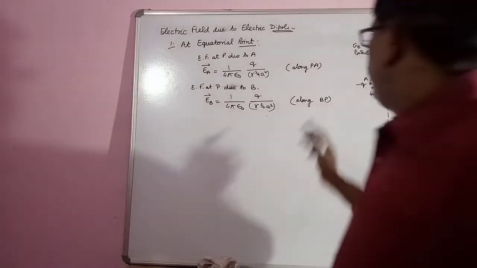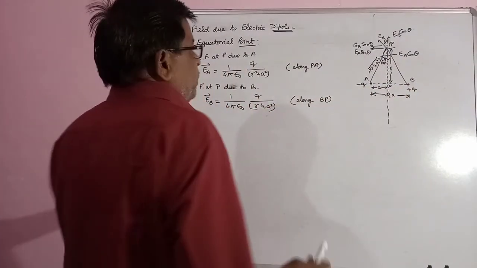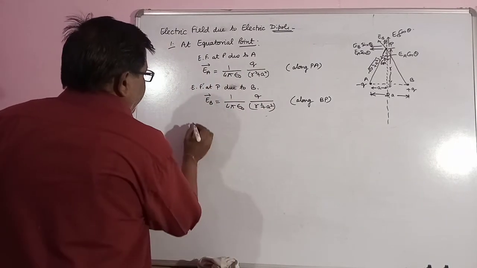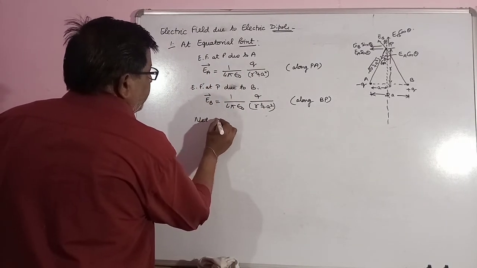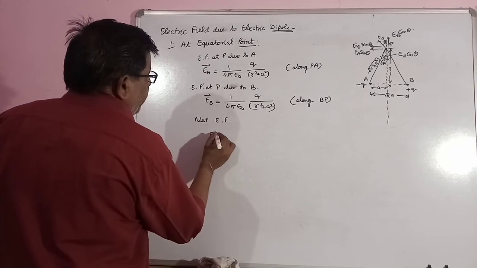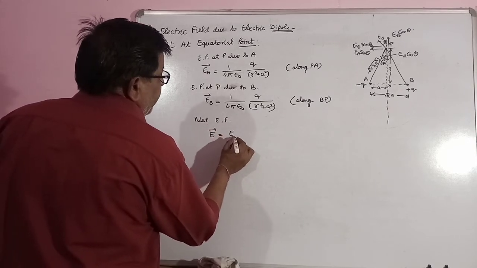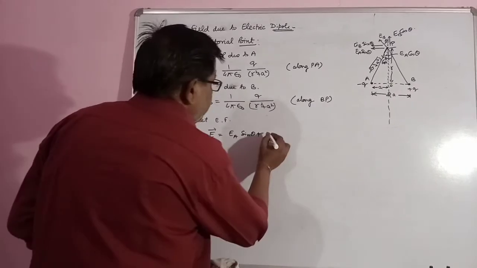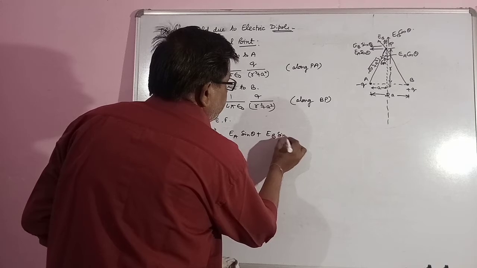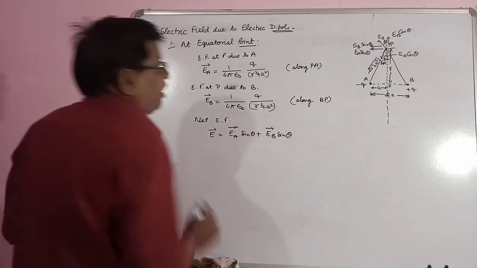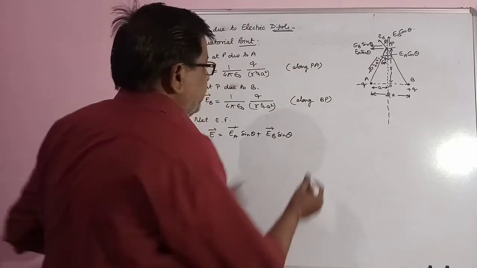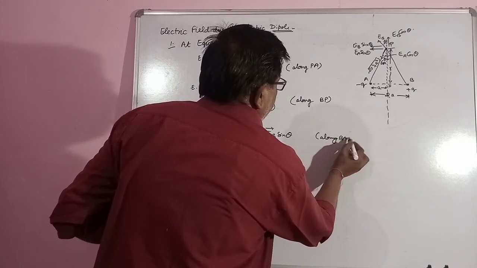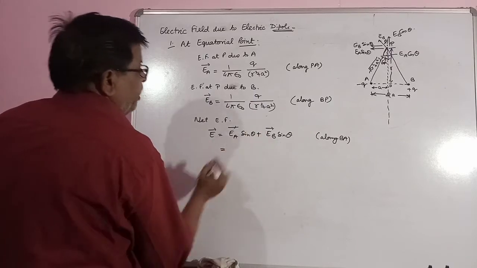Since EA cos theta and EB cos theta are equal and opposite, they will cancel each other, and the net electric field will be E equals EA sin theta plus EB sin theta. The direction of EA sin theta and EB sin theta is along BA. Numerically they are equal.